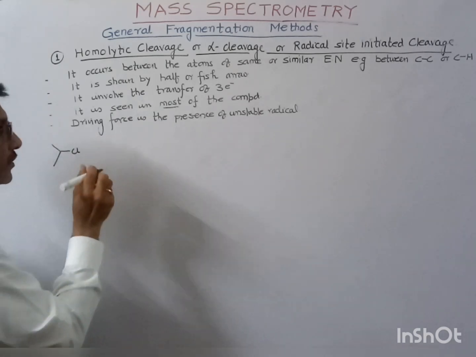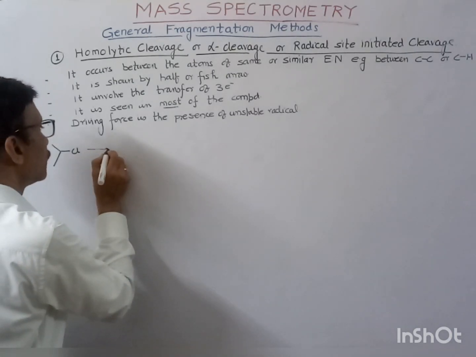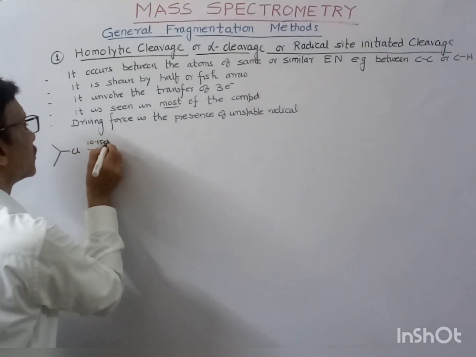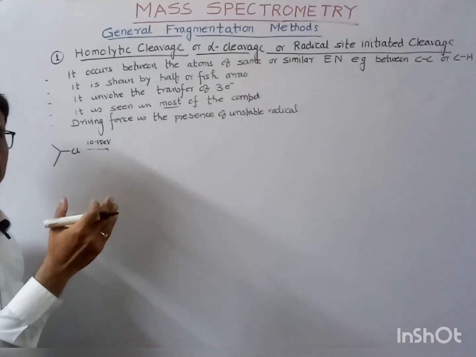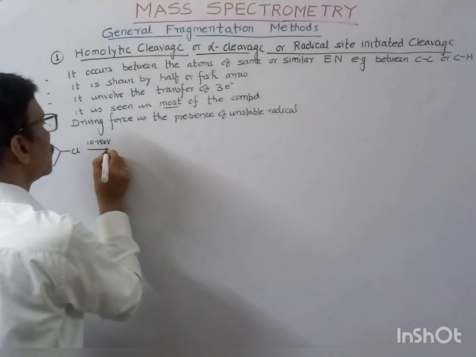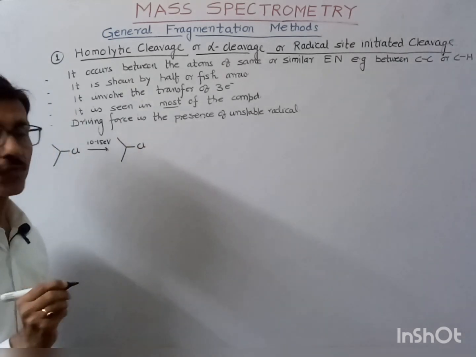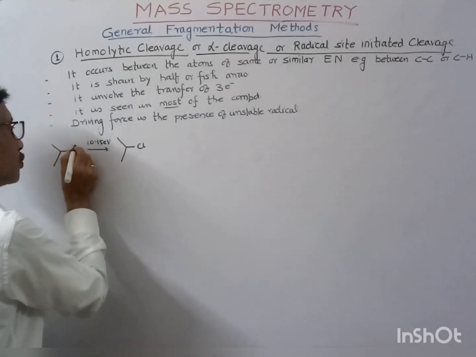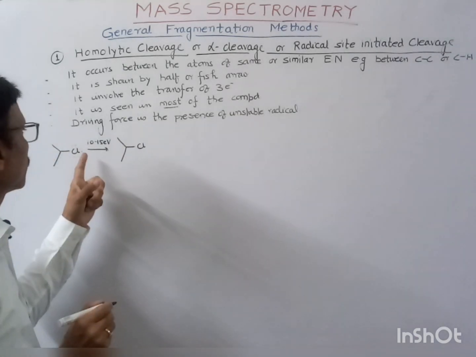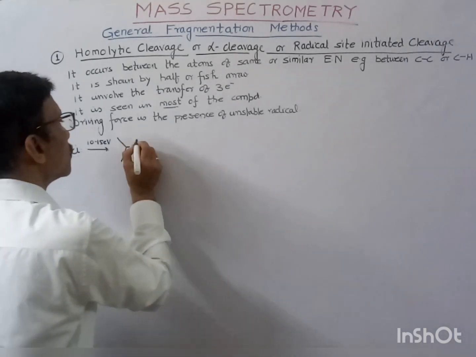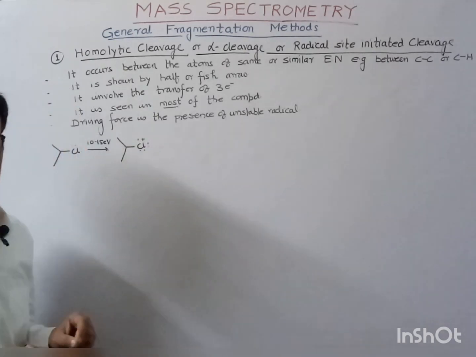So first of all at 10 to 15 electron volt, the molecule would be converted into the molecular ion, ionization takes place with the removal of an electron. That electron removed is the most loosely held electron, that is from the lone pair of electrons. So 1 electron will be removed from this lone pair, the other 2 lone pairs remain as such.